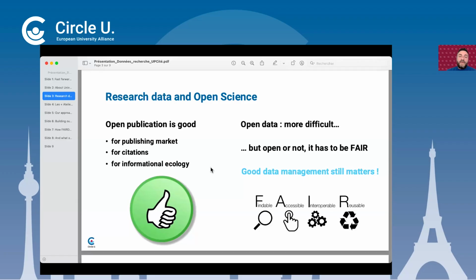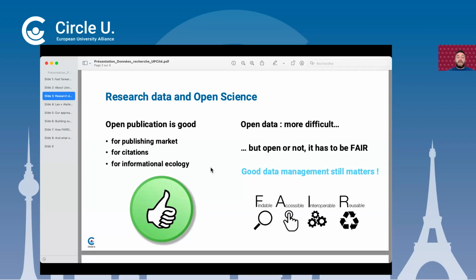This is where the FAIR principles come in. We heard about that: making data findable, accessible, interoperable, and reusable. Applying these principles is now considered best practice, even when the data won't ultimately be made public.